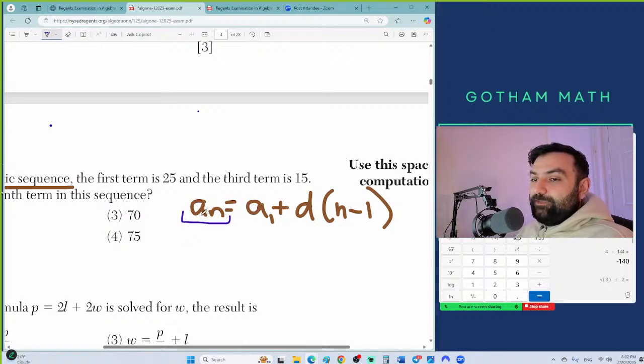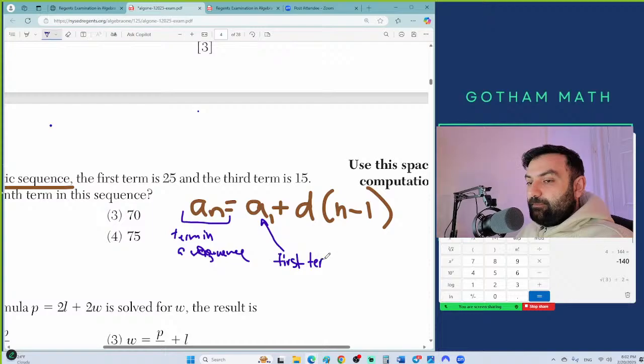So it's the requested term in a sequence. Now A1 is the first term.